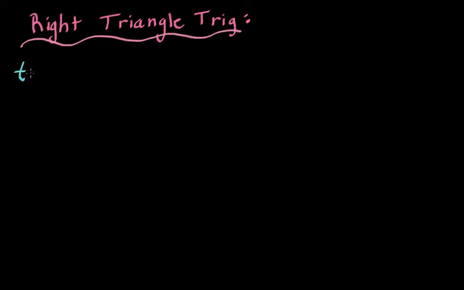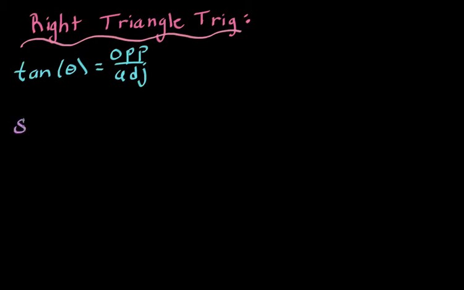Let's do tangent first. So tan of some angle theta is going to be equal to our opposite side over our adjacent side. Let's do sine.